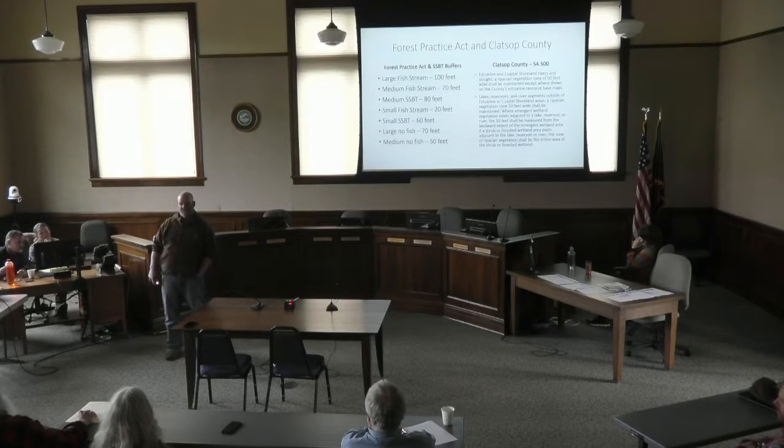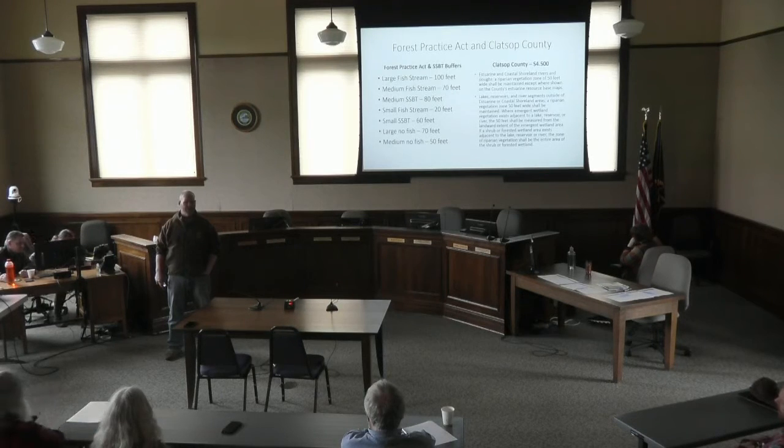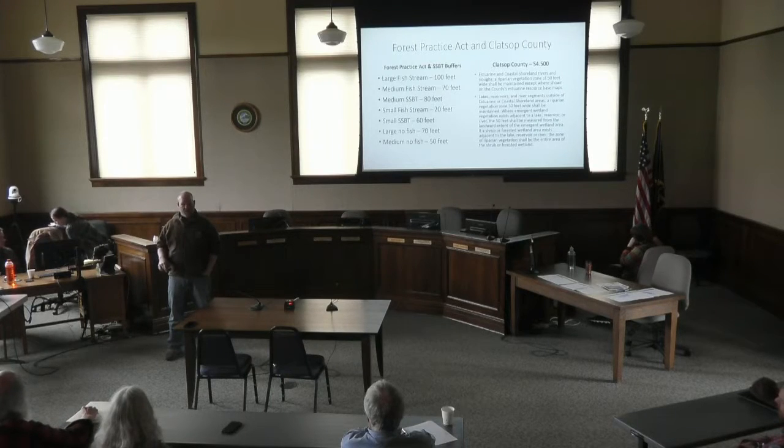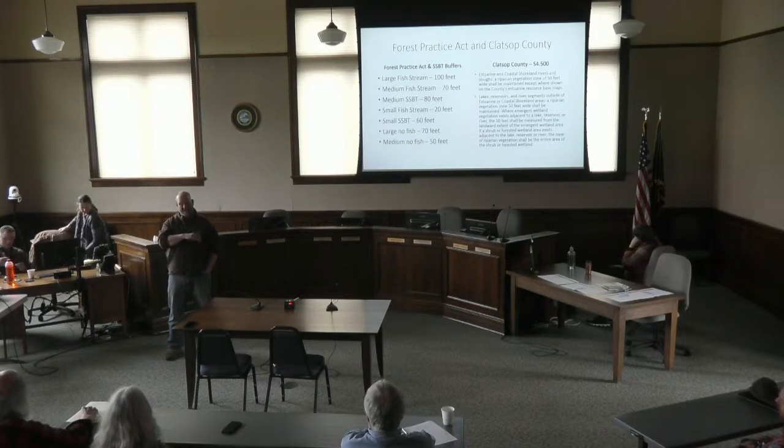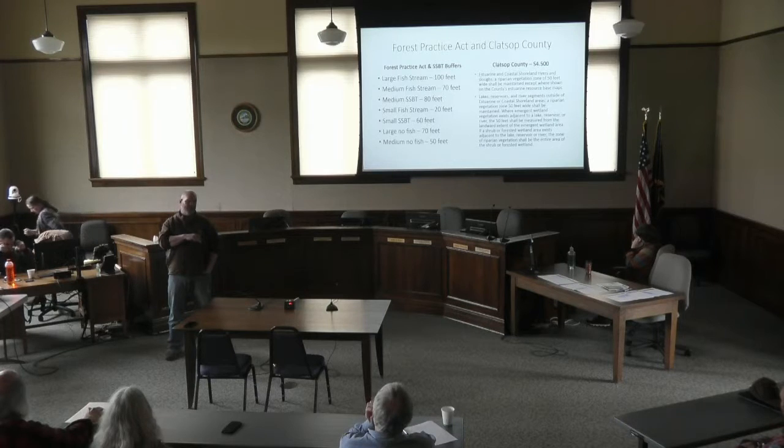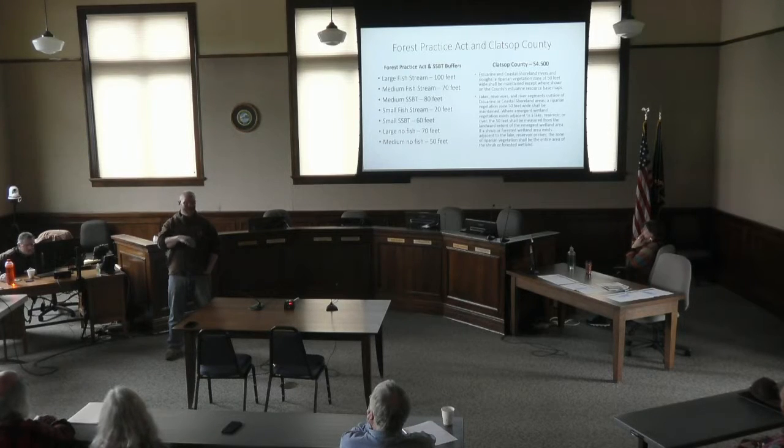We use ordinary high water mark anytime we're measuring for a landowner or for Forest Practice Act. It can be denoted by vegetation, but in streams where there is no riparian vegetation, it actually comes back full width.